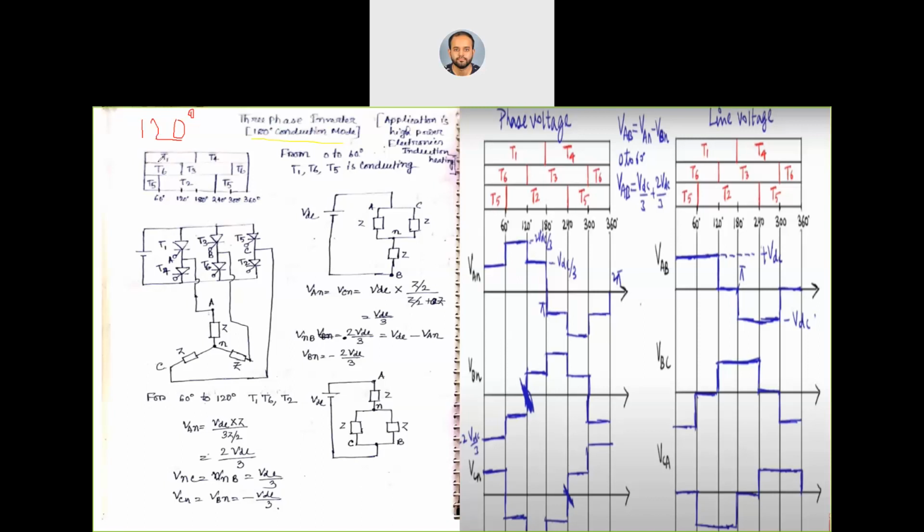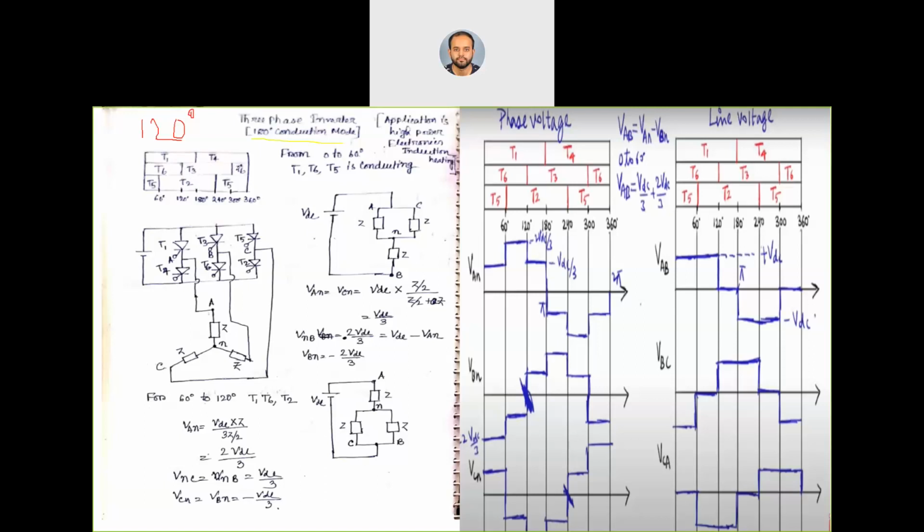Now, suppose T1 is switched on at 0 degree. So T1 will conduct up to 180 degrees. After that, T4 will start to conduct because it is just the reverse bias of T1. Now, after T1, the next phase thyristor is T3. We know that the phase voltage is 120 degrees shifted, so it will start from 120 degrees and conduct up to 300 degrees, because it will conduct 180 degrees.